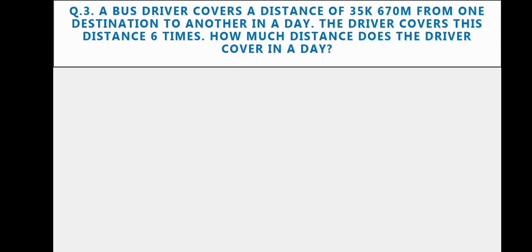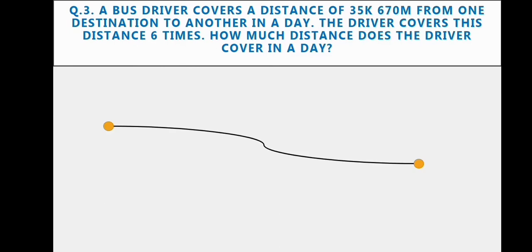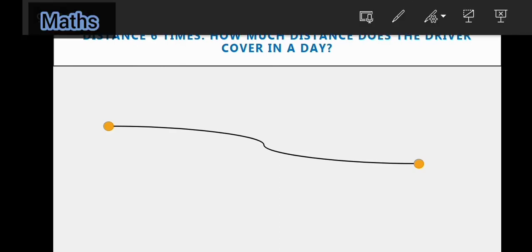Question 3. A bus driver covers a distance of 35 km 670 meter from one destination to another in a day. The driver covers this distance 6 times. How much distance does the driver cover in a day? Let's see. One destination to another means this is the one destination and from here he is moving here.